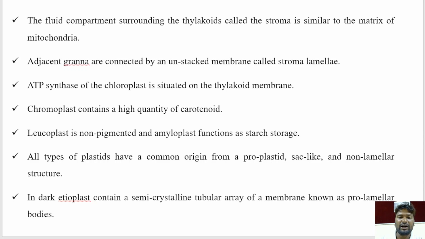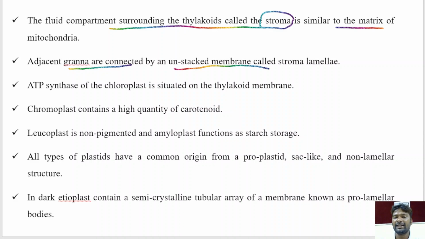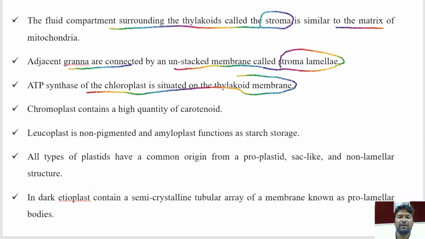The fluid compartment surrounding the thylakoids is called the stroma, which is similar to the matrix of the mitochondria, and adjacent grana are connected by unstacked membranes called stroma lamellae. ATP synthase of the chloroplast is situated in the thylakoid membrane. And chromoplasts contain a high quantity of carotenoids, mainly in ripened fruits.